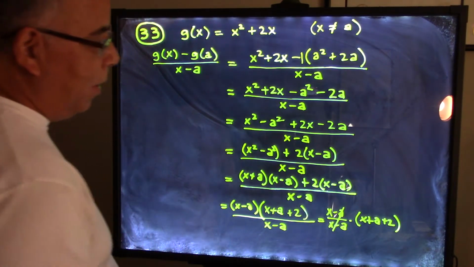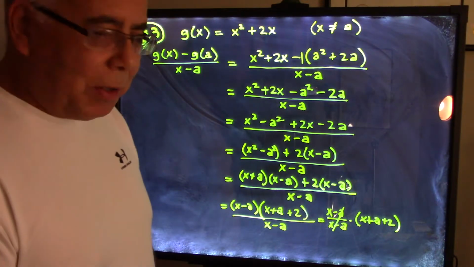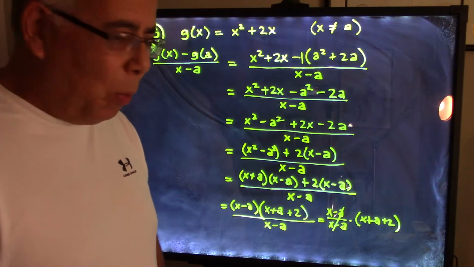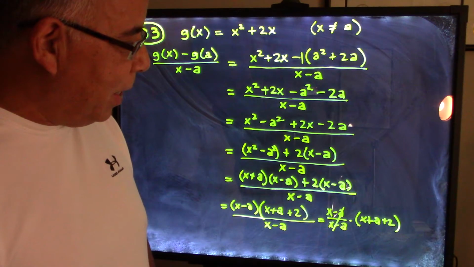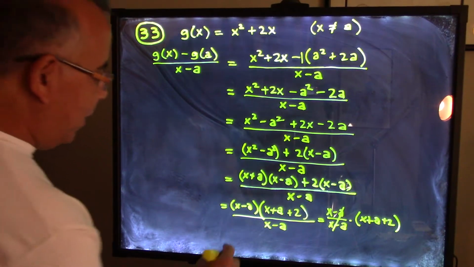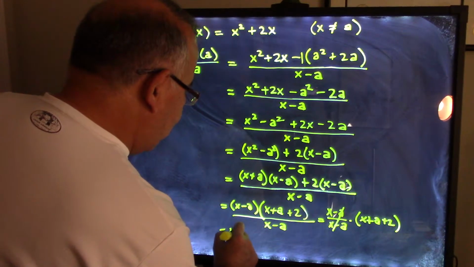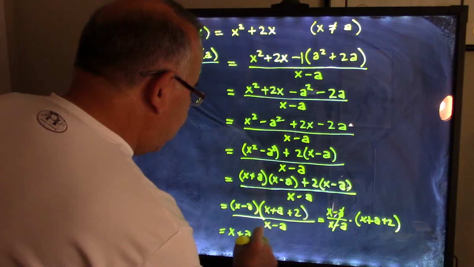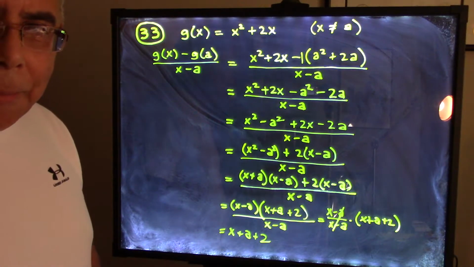Remember, canceling doesn't mean it becomes 0, it means it's 1, and 1 times that equals that, so we don't have to write the 1's. So that's just x plus a plus 2. And there you go.